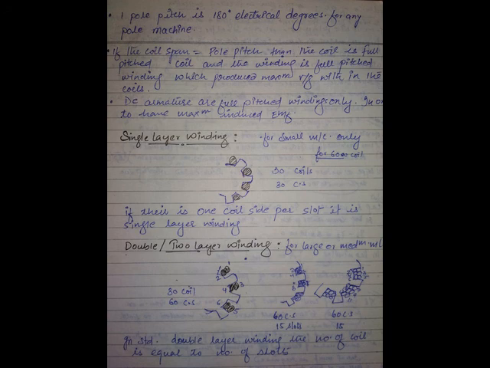For example, if the back pitch is 4, you connect 1 to 5. Similarly, if 5 comes back and connects to 2, that is the front pitch. The front pitch value is 5 minus 2, that is 3.